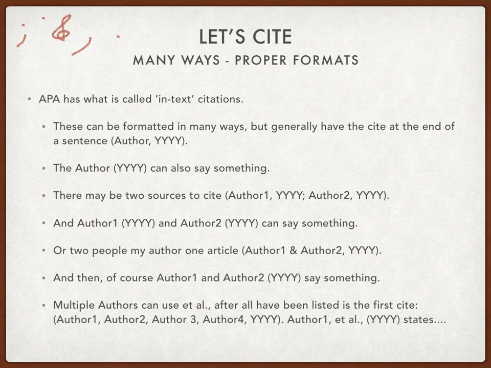All right. Then we have this multiple author thing, and if you've read any research papers, especially from universities, you'll sometimes have 6, 7, 8 authors out there. So et al. can become your friend, but you've got to use it properly. The first time you need to cite that paper, you have to put all of the authors' names, the year that was published, and of course close parentheses and put a period.